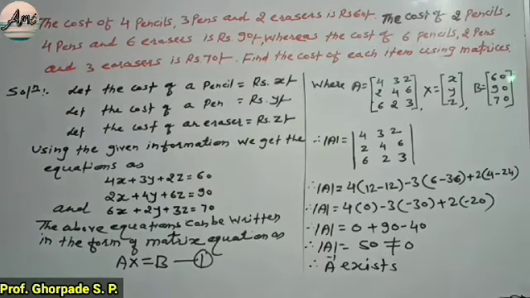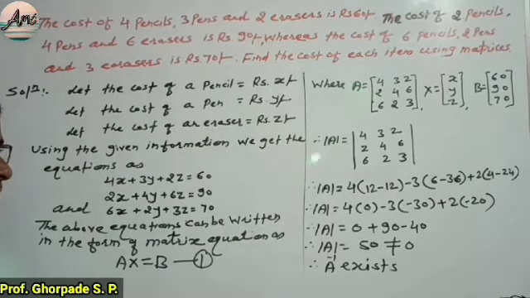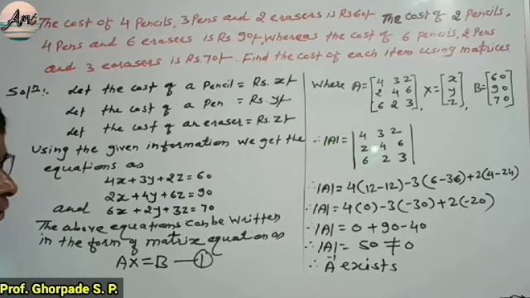So 60, 90, 70. Now let us find the value of this determinant A. Determinant of 4, 3, 2, 2, 4, 6, 6, 2, 3. Find the value of this determinant. So 4 into (4 times 3 is 12, minus 2 times 6 is 12), minus 3 into (2 times 3 is 6, minus 6 times 6 is 36), plus 2 into (2 times 2 is 4, minus 6 times 4 is 24).